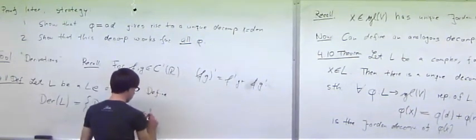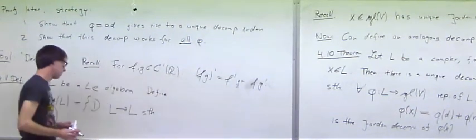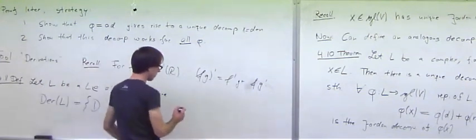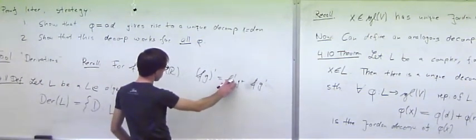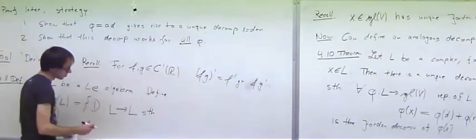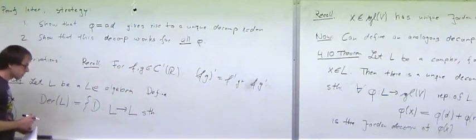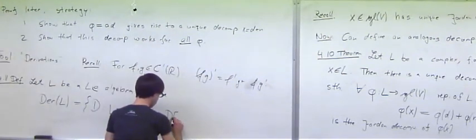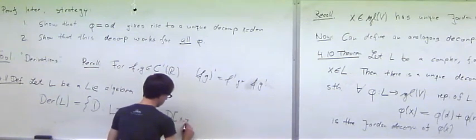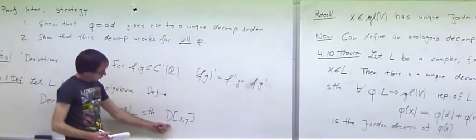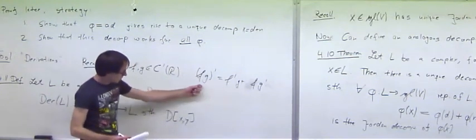And what's the condition? Well, we have to generalize the product of differentiable functions. What will play the role of the product? That will be the Lie bracket. So D of the bracket of x, y, apply this operator to the bracket.